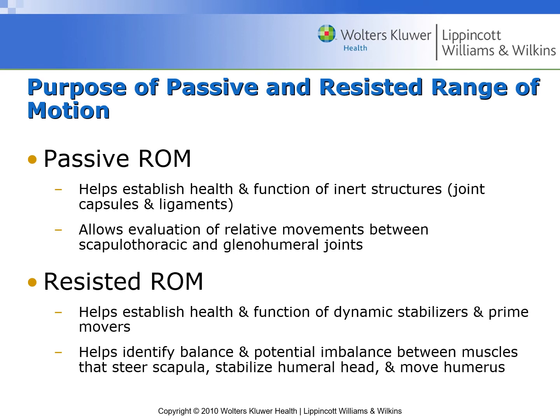Resisted range of motion helps establish health and function of dynamic stabilizers and prime movers. And they help to identify balance and potential imbalance between muscles that steer the scapula, stabilize the humeral head, and move the humerus.